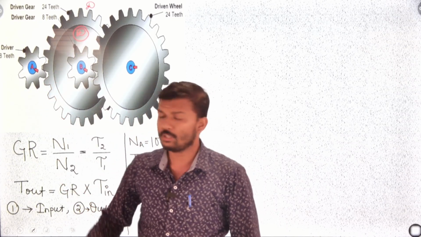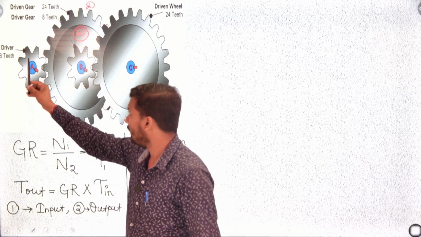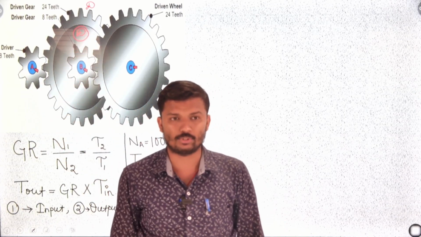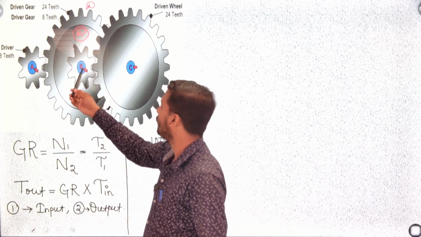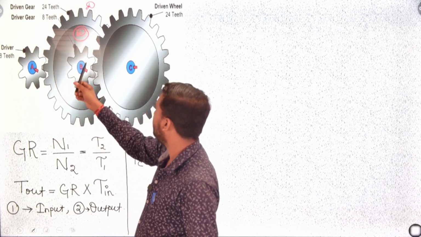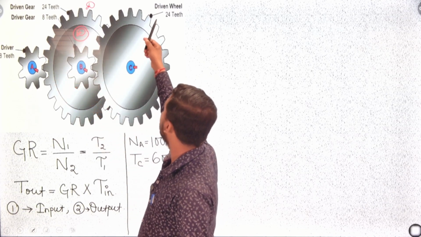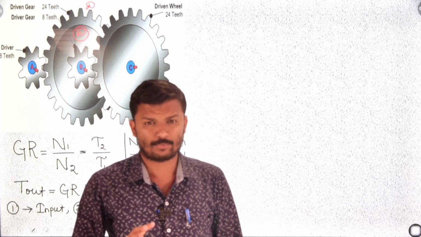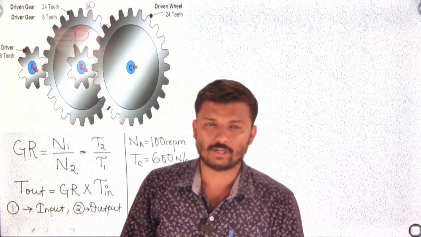So A is a driver gear and D is a driven gear. Similarly, when B rotates, as B is a driver gear, the driven gear will be C. These are all the concepts about the compound gear and how it works.